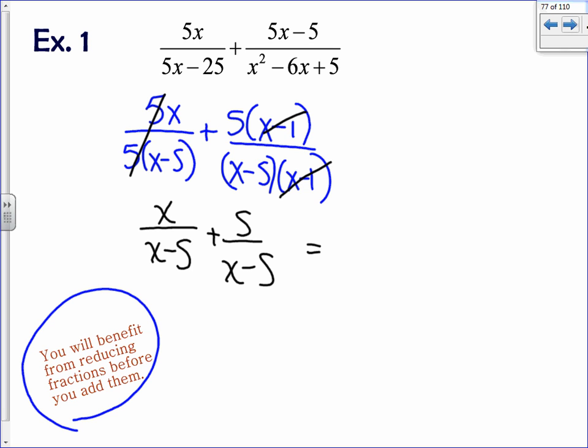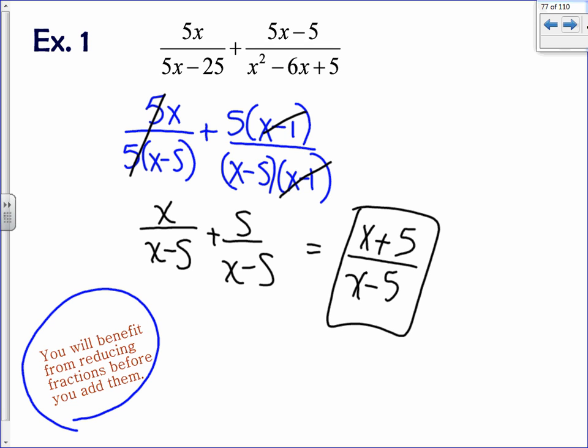So remember, when you add two fractions with a common denominator, the denominator stays common. So it stays x minus 5, and then the numerator, in this case, gets added because it has the plus sign between it. Can we reduce this at all? Cancel out the x's? Good job. You cannot do that. You cannot cancel terms, so don't be tempted. Questions on that?